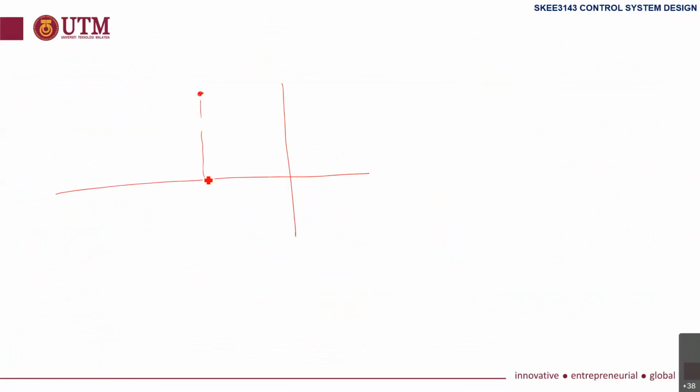This is the dominant pole, minus 3.613, j 6.193. So now we know that theta 4, which is the angle for the zero, is 95.6 degrees.